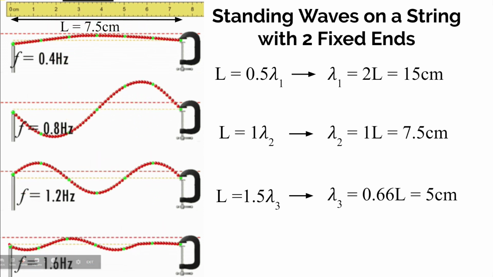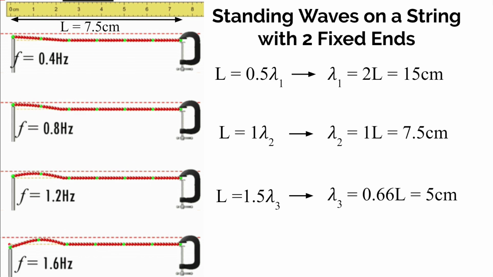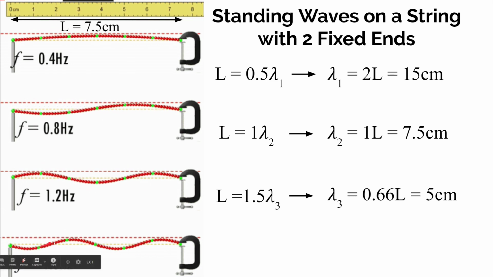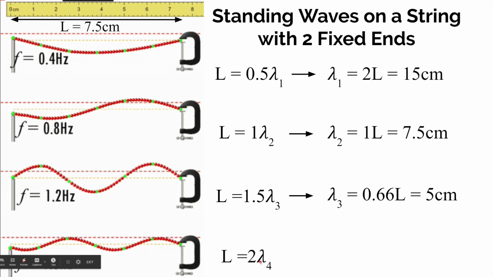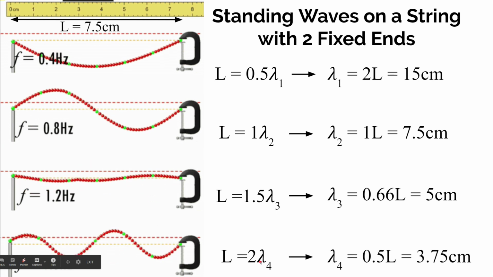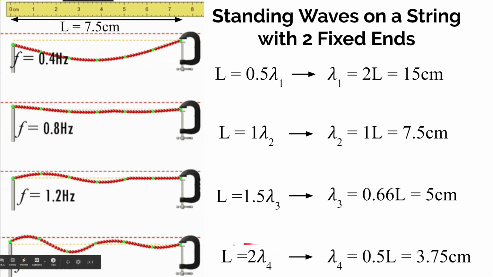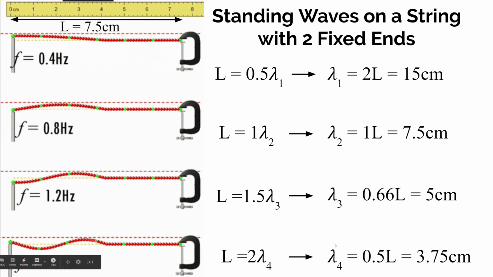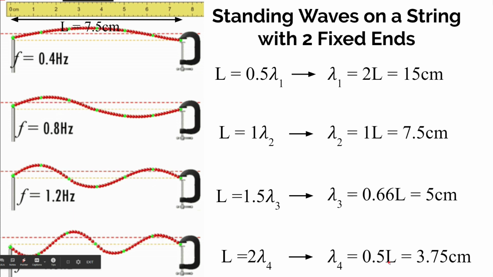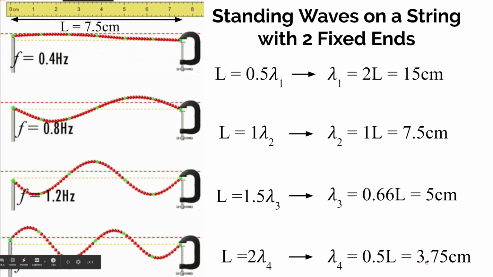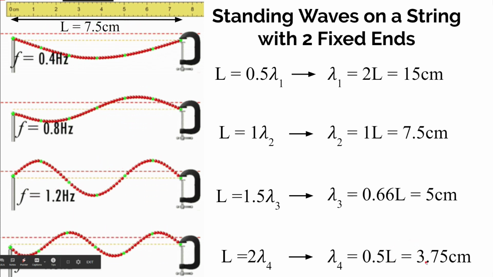If we wait till it pauses, right now we can see that there are 2 wavelengths. So this length is equal to 2 times the needed wavelength. If two of them fit in the full length, that means the wavelength only needs to be half as long as the string itself. With a 7.5 centimeter string, that's 3.75 centimeters.